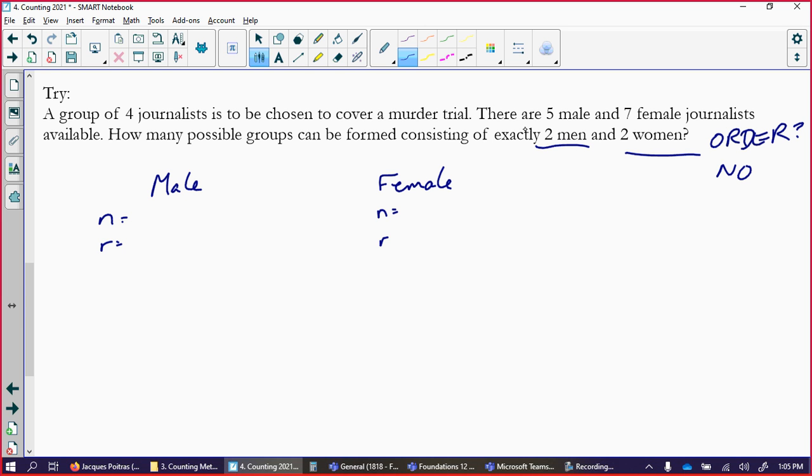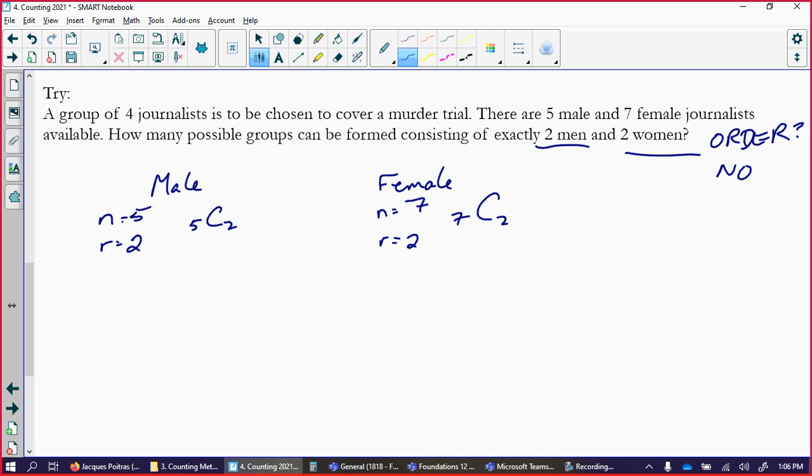And in r, well, there's 5 males. We're choosing 2 of them. So there's 5C2 ways to choose those males. There's 7 females. We're choosing 2.